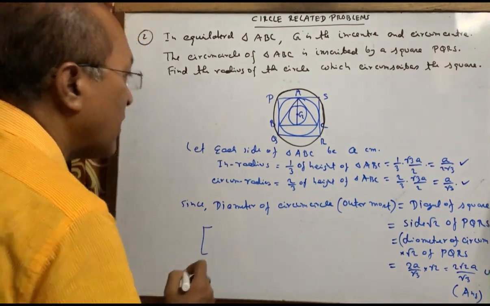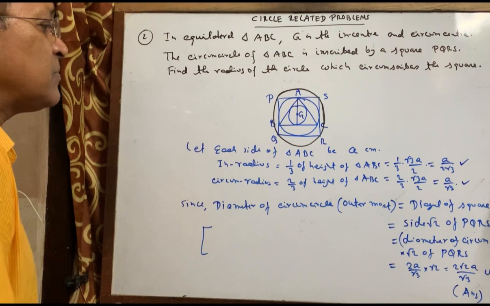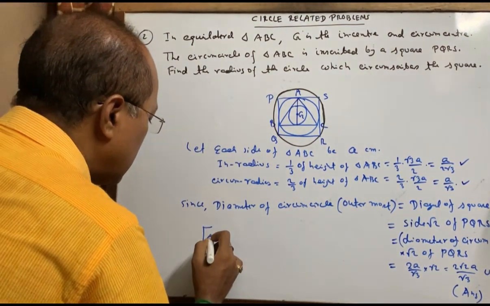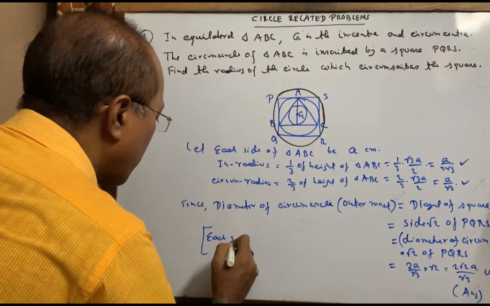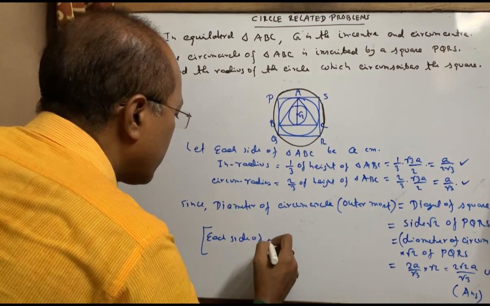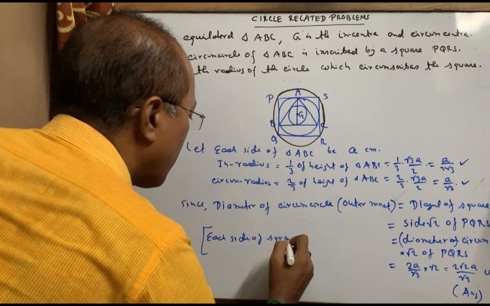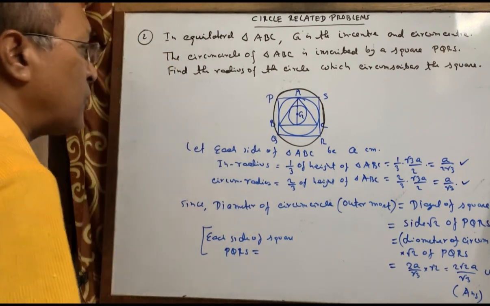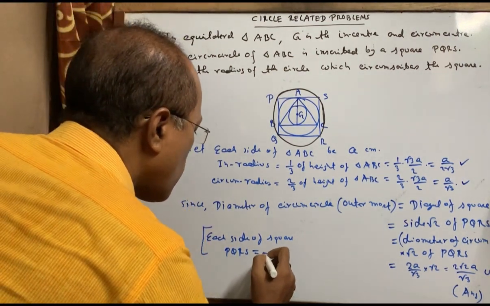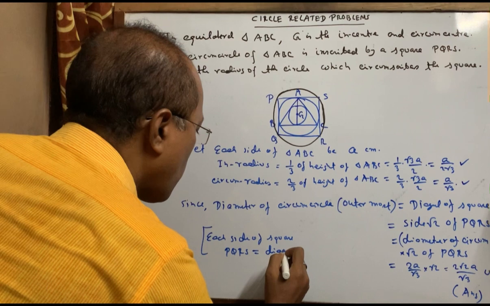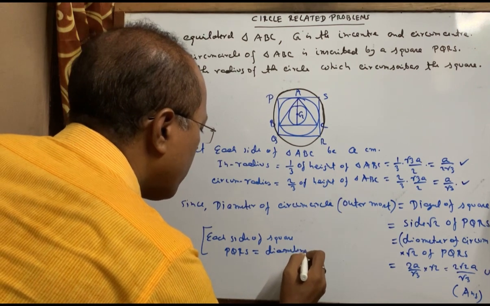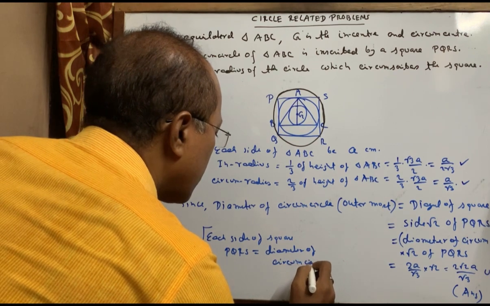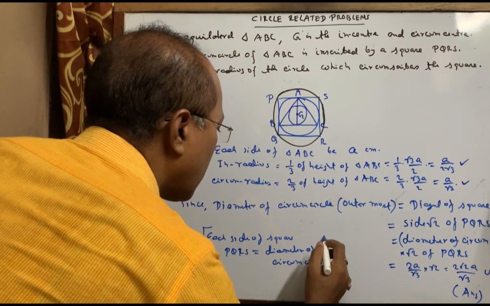We are writing one thing here. Since each side of square PQRS is equal to diameter of circumcircle.